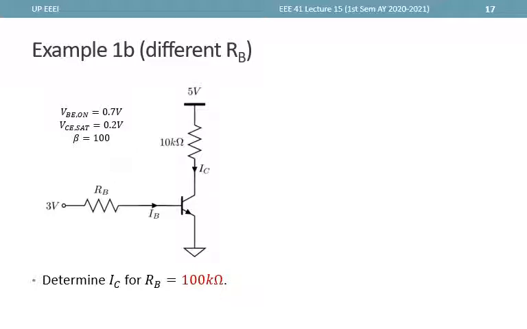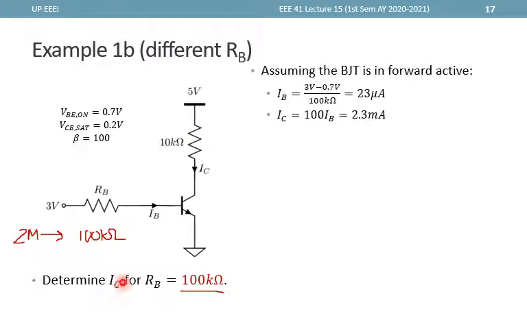Now, instead of 2 mega ohms, let's say we change RB to 100 kilo ohms. So from 2 mega ohms, we change it to 100 kilo ohms and check the changes in the circuit's operation.